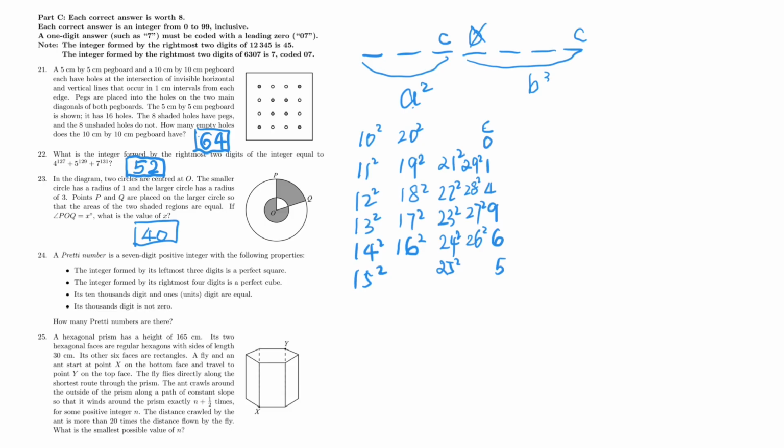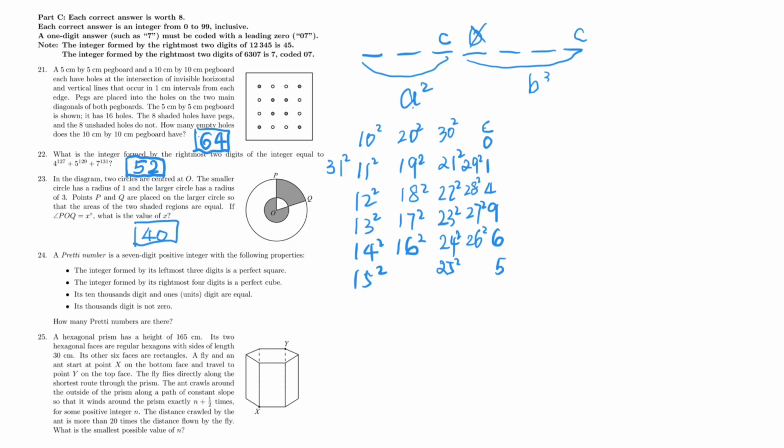And 30 squared, the 1s digit is 0. 31 squared, the 1s digit is 1, so I put it before the 11 squared.